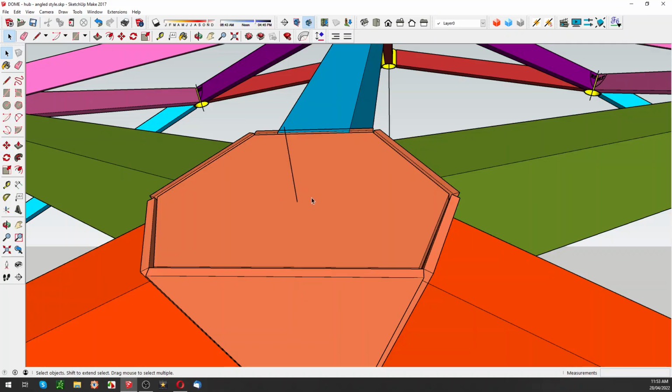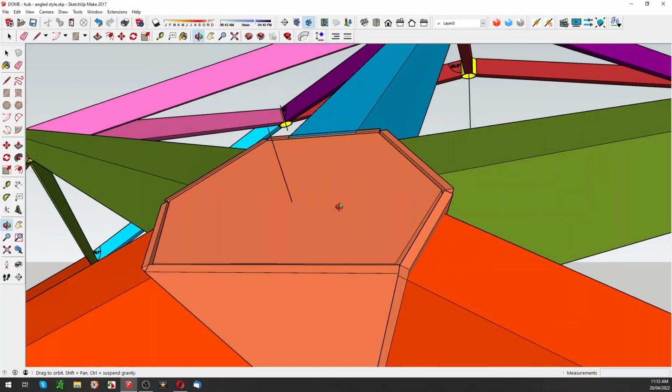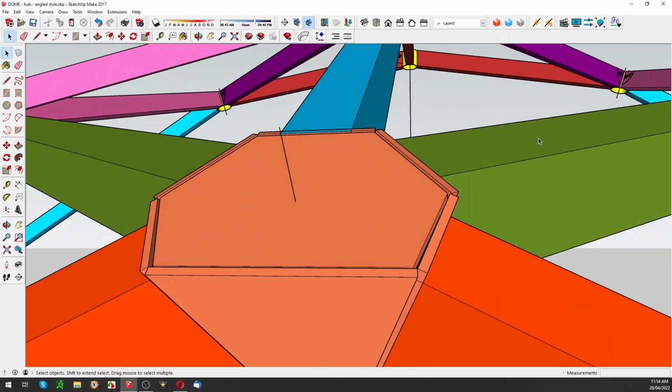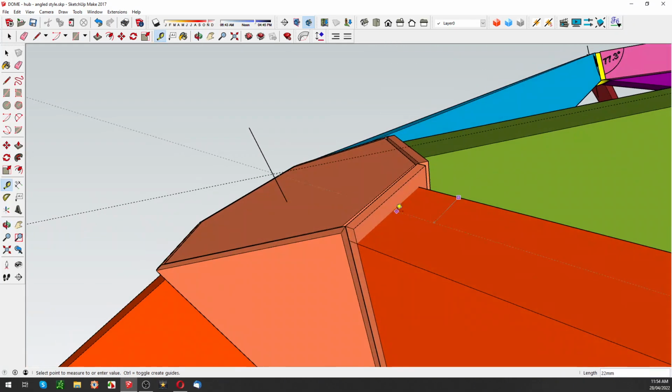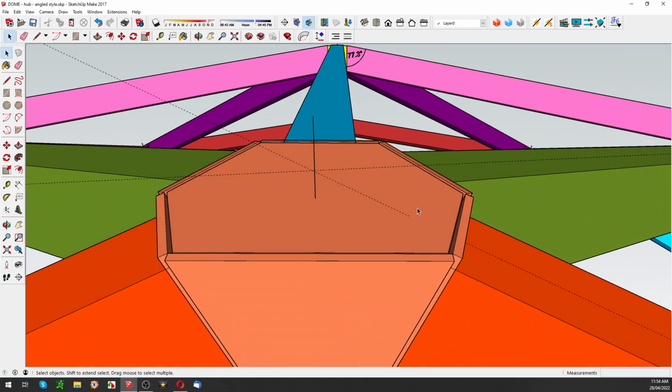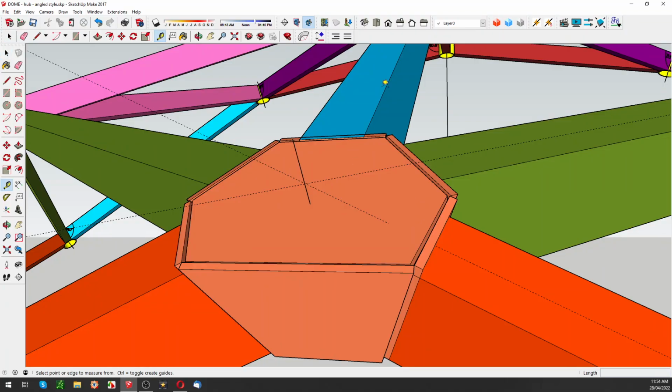Now the hub at the moment has been lifted up and moved and fudged because of that, but well, let's just do it. So we come and we put our intersections. See if I can get the intersection there. Not working. I'll just go 25 millimeters. Same here.